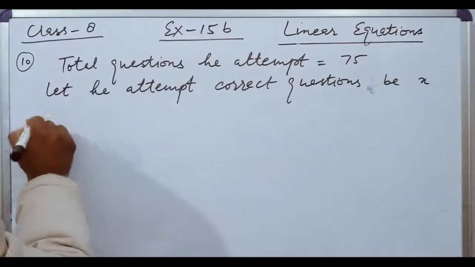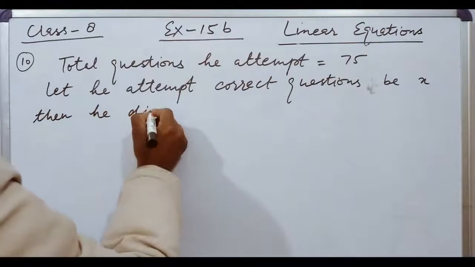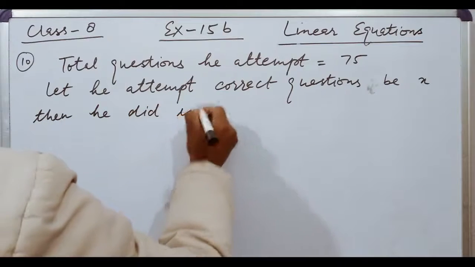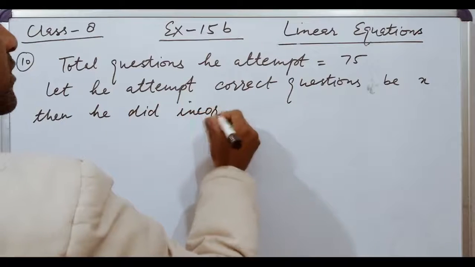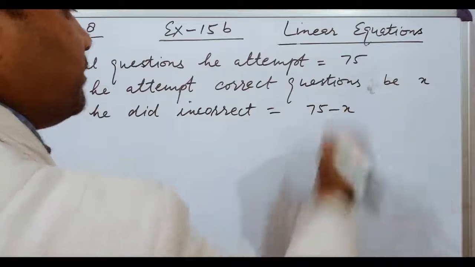Then he did incorrect equal to 75 minus x.